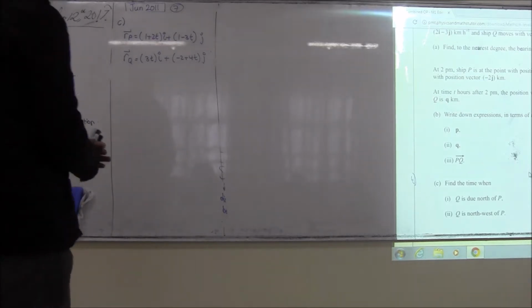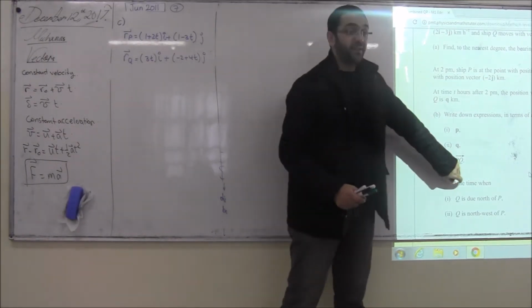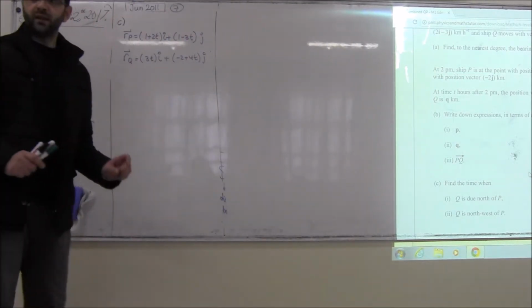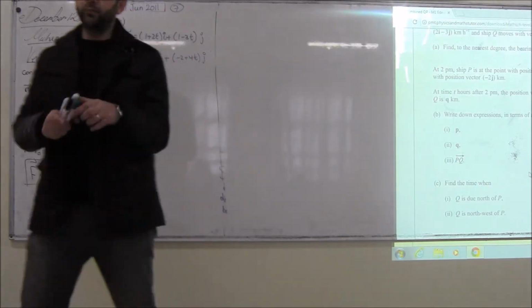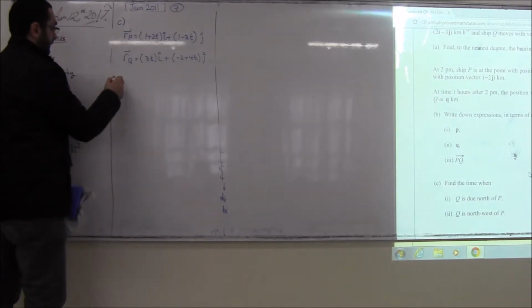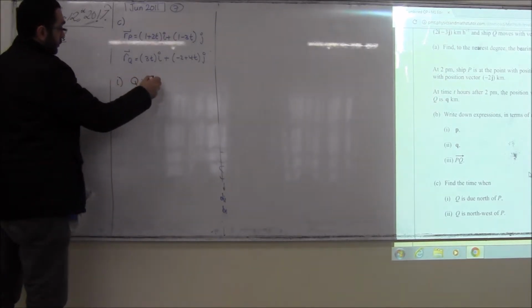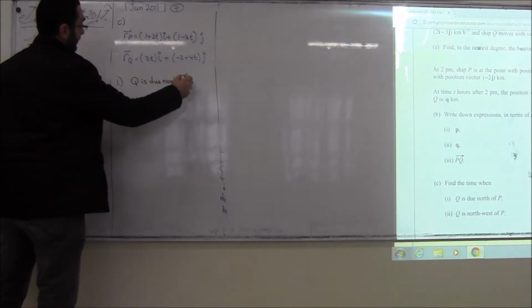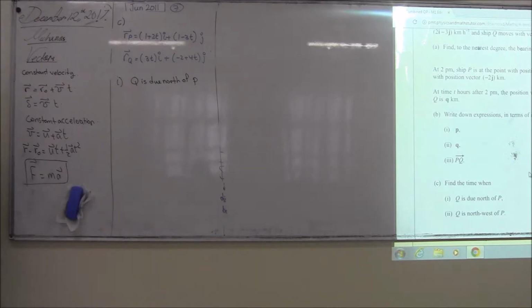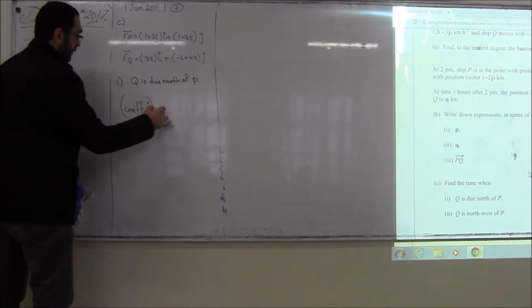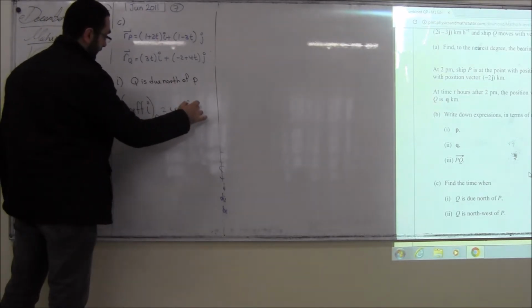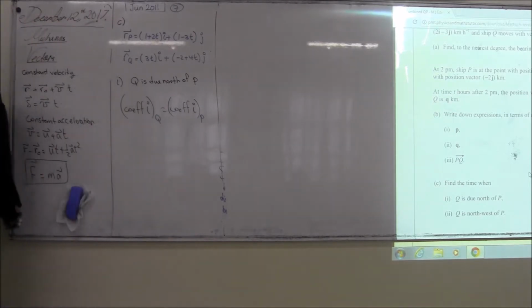Okay. In part C, what are we asked to find? Find the time when Q is due north of P. As we mentioned before, Q due north of P means the coefficient of i for Q should be equal to the coefficient of i for P. We apply the key rule we have learned.